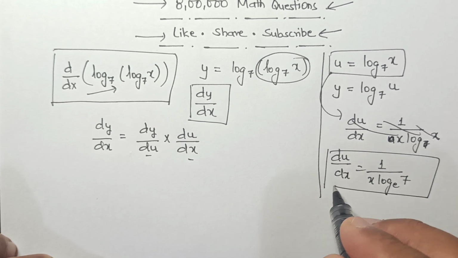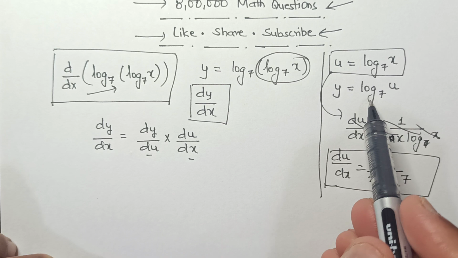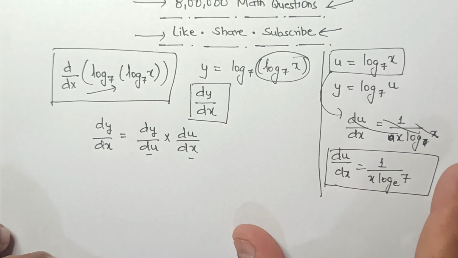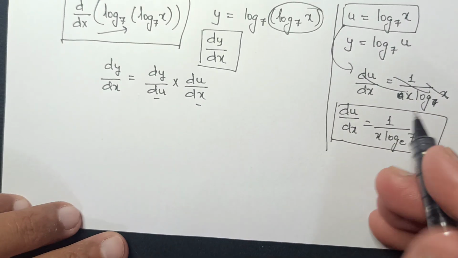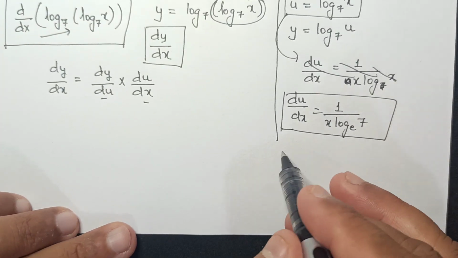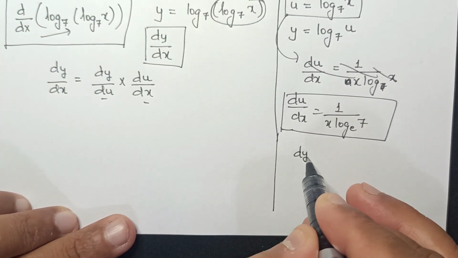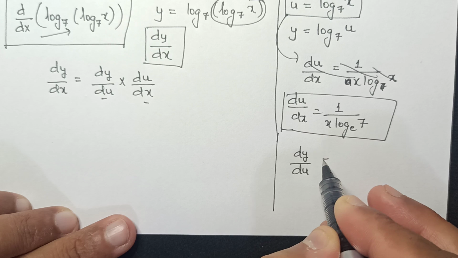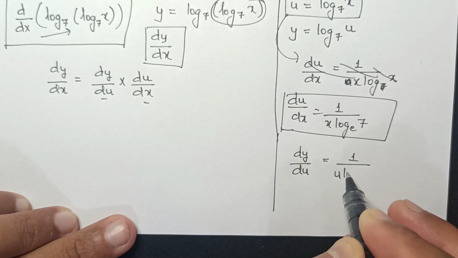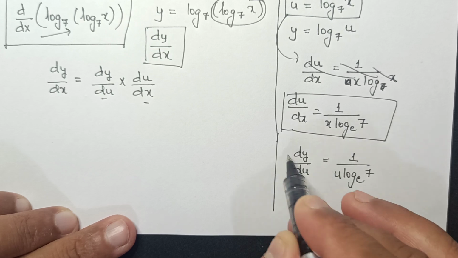This is the value of du by dx. Now if you resubstitute this over here, the value of dy by du is equal to 1 divided by u log e to the base 7.